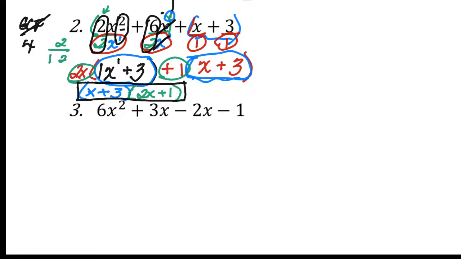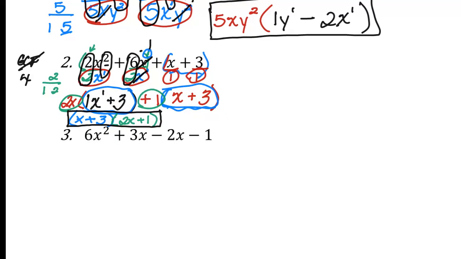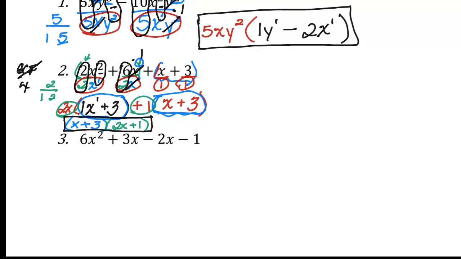And lastly, we have what looks to be another 4-term polynomial. It is a second degree polynomial. And as you look at this, yes, we could simplify this, but if it is given to you as 4 terms, then we want to keep it as the 4 terms. So check for greatest common factor first.